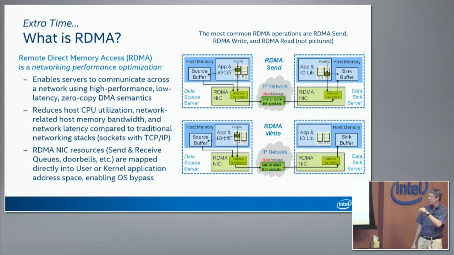And so it, again, posts a work request that defines a DMA write operation from this source buffer through the network to this sink buffer. Importantly, one of the nice things about RDMA is that there's address translation on both of these nodes, so you don't need some kind of global address space that's partitioned amongst the nodes, which means it's fairly scalable as you grow the number of nodes in the cluster.